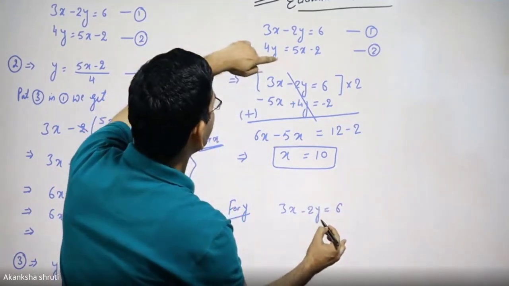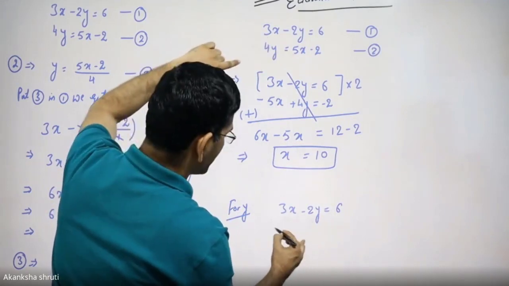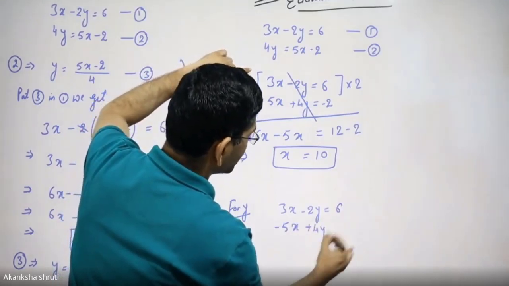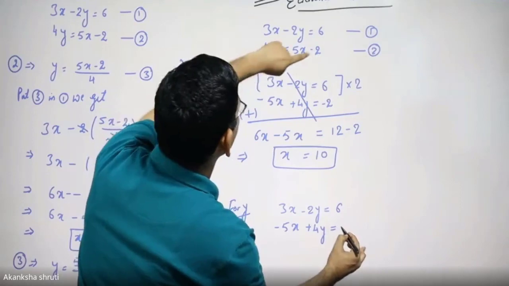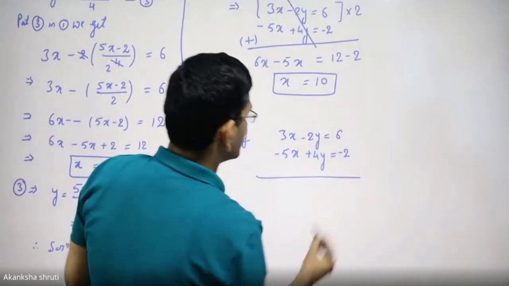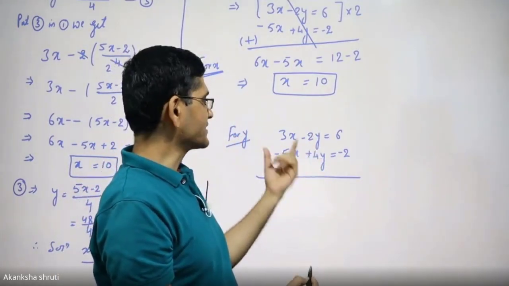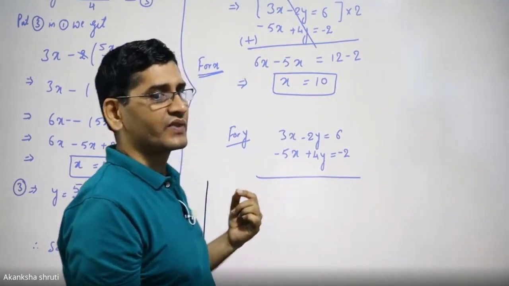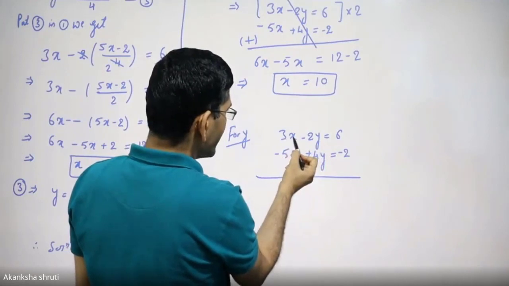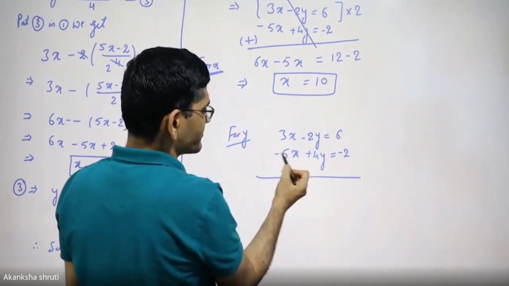The second equation with all the variable on left hand side means minus of 5x plus of 4y is equals to minus 2. This we have to do the manipulation. We want to preserve this y, means x have to be cancelled. For cancelling, here we are getting that in equation 1 x have the coefficient 3 and equation 2 x have the coefficient minus 5.